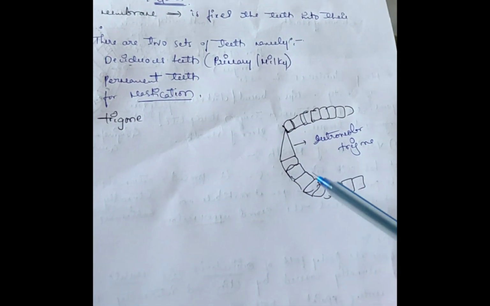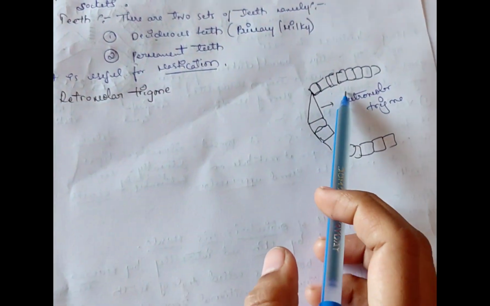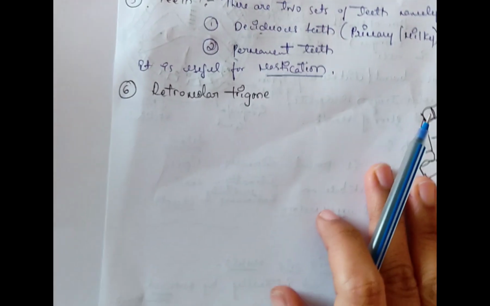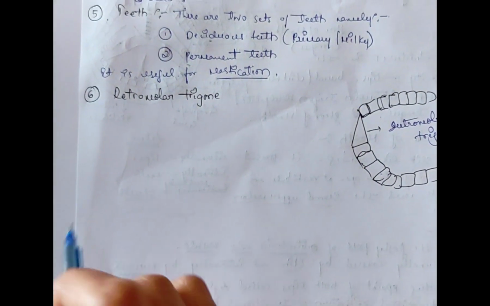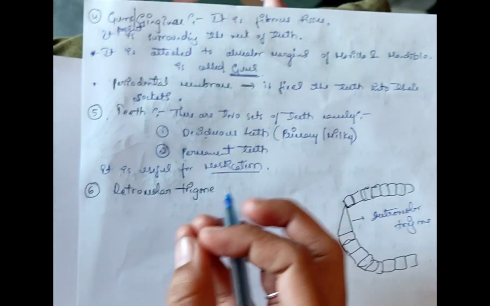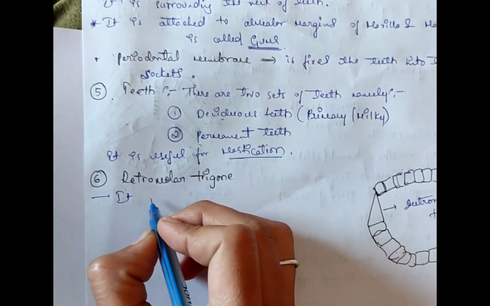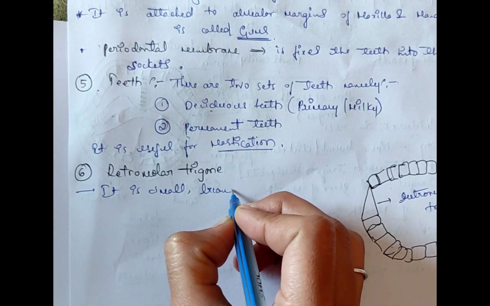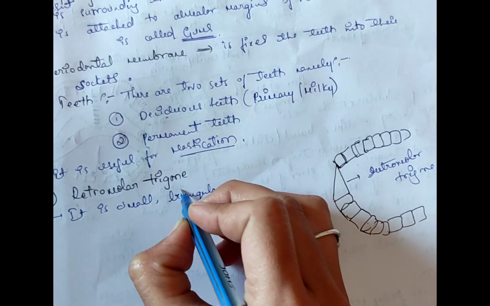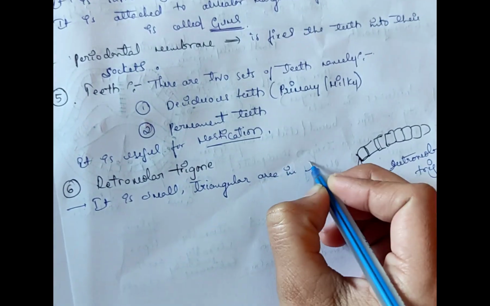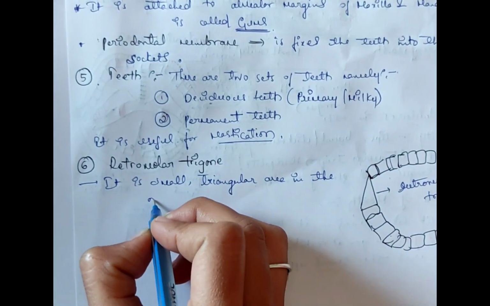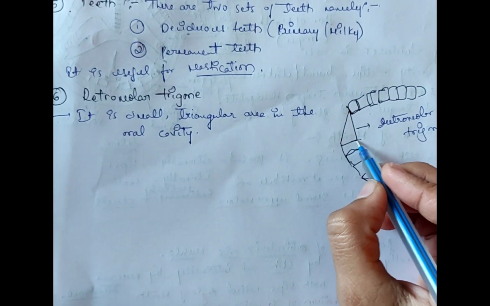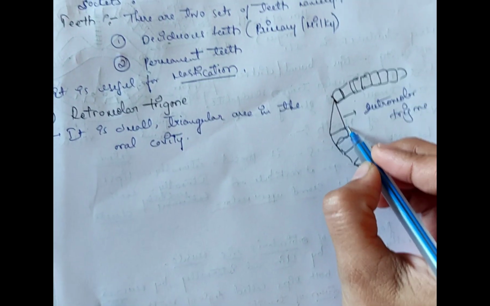It is a small triangular area in the oral cavity. It is present behind the last molar tooth.